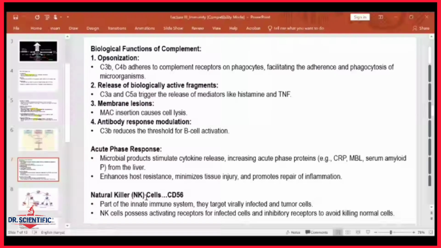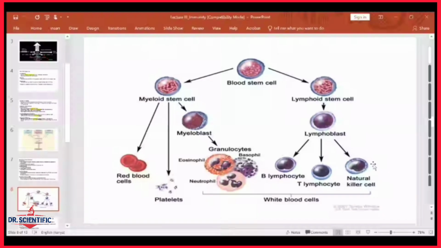So natural killer cells are lymphocytes. The neutrophils and macrophages, of course, are granulocytes. So they are from different pathways as far as hematopoiesis is concerned, but they perform the same role.